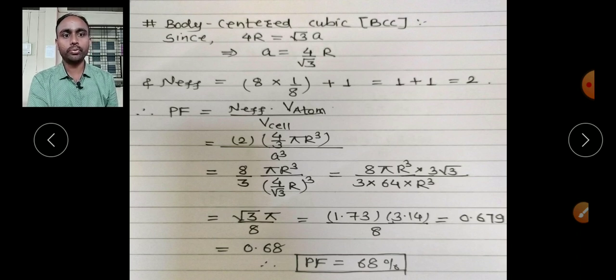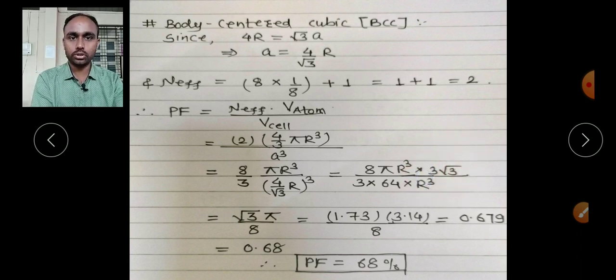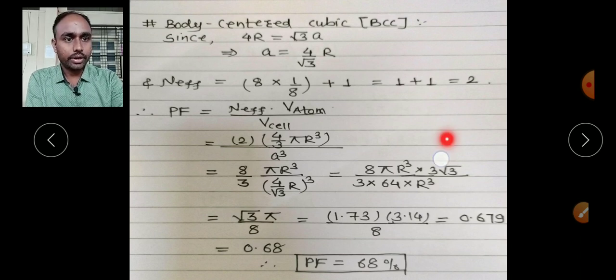So, root 3 cube we can write as 3 into root 3, but it is in the denominator of the denominator, that is why it goes to the numerator. Therefore, it is coming here at the numerator, 3 root 3. Remember, root 3 its cube, that means root 3 into root 3 into root 3, and therefore it is 3 root 3.